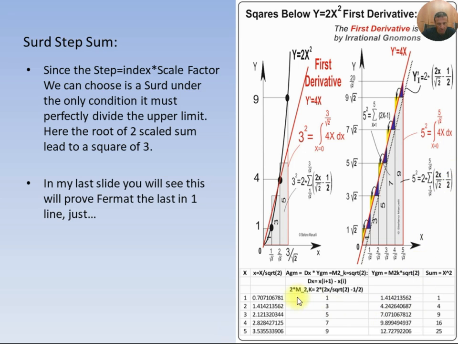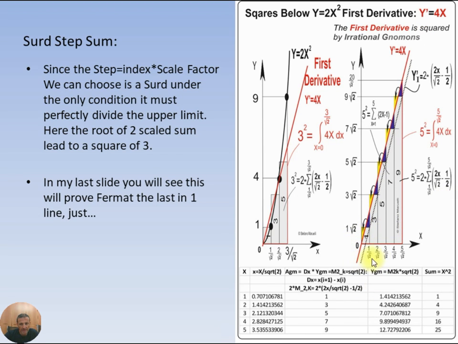And you can also check in Excel that this works. So the condition is that the step must divide exactly the upper limit, so we must have an integer number of columns, so the index remains an integer. What changes is that it is multiplied by an irrational scale factor.